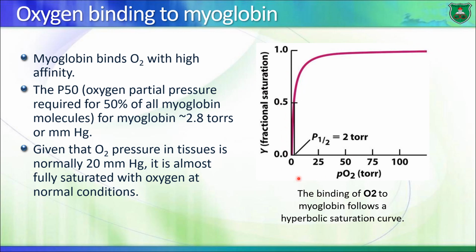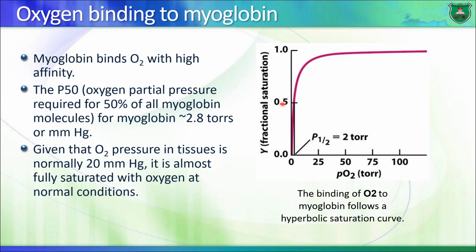Okay? Now, what it means, and if you look at it, notice that almost 100% of myoglobin is saturated when you have only 25 torrs of oxygen in tissues. Okay? Now, there is something in biochemistry as well as pharmacology and toxicology, and that is the 50% mark.